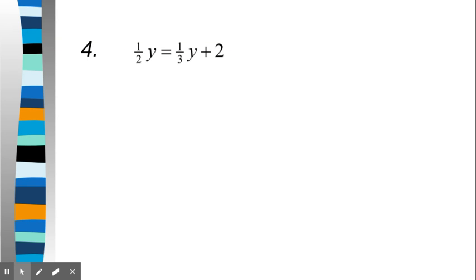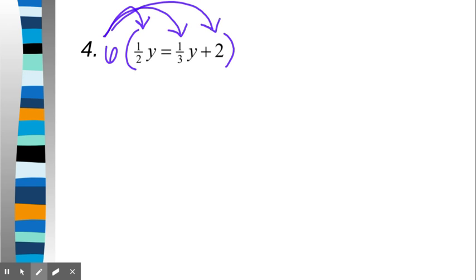We can multiply the whole equation by some number that would simplify and eliminate the 2 and the 3. So we want to think, what do 2 and 3 both go into? Well, they both go into a 6. And I'm going to distribute a 6 to all 3 terms. I'm going to show you what that looks like.